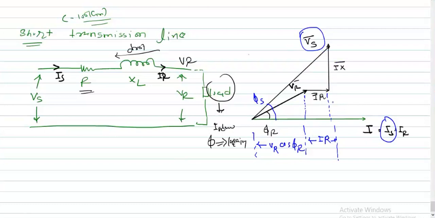For this particular line, I will use this triangle. So this value is VR into sine phi r, and this one is I into X.